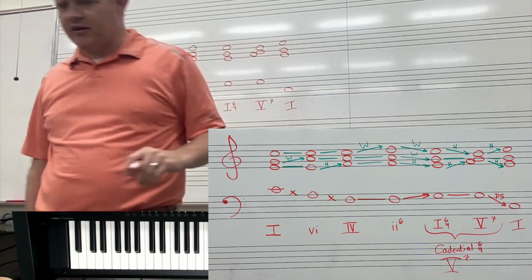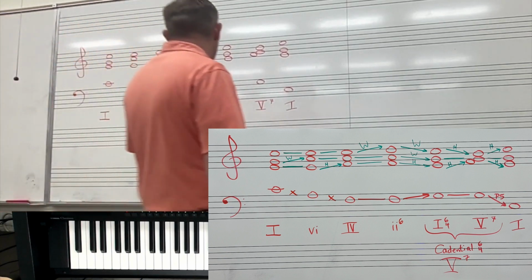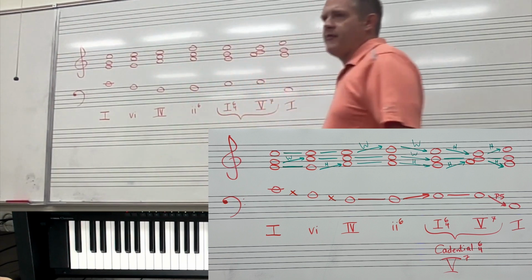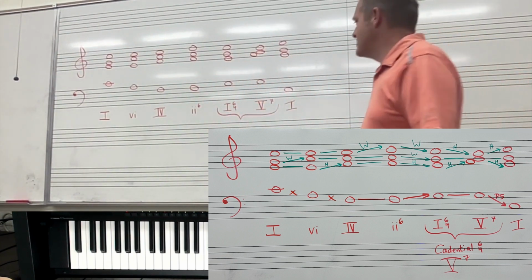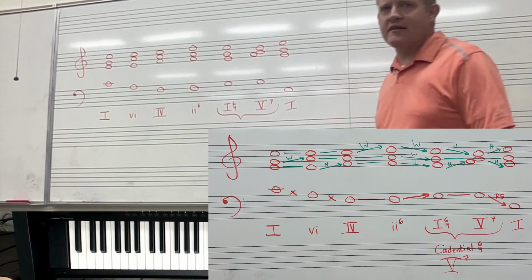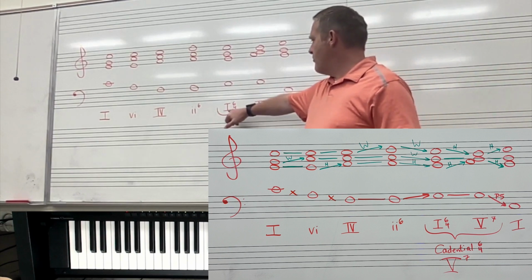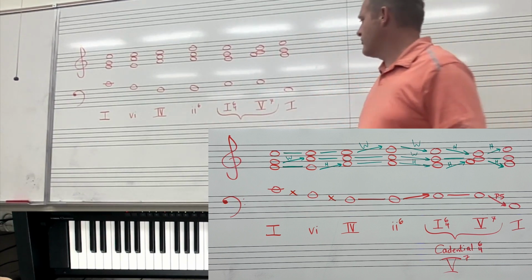Now we need to have the conversation about the 1, 6, 4, 5, 7 thingamajigger here. You will have friends from Canada and other places, but especially the Canadians, that do not like this being called a 1, 6, 4 chord because it doesn't function like a 1, 6, 4.